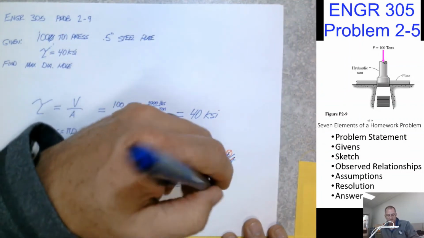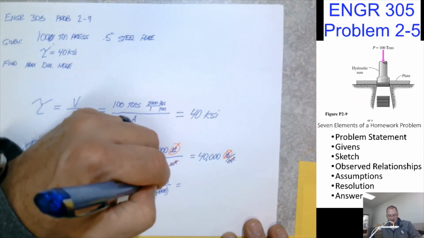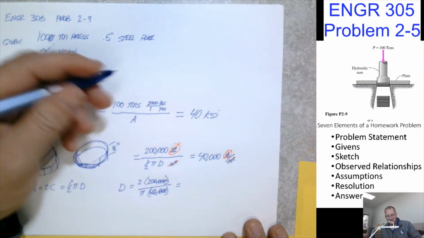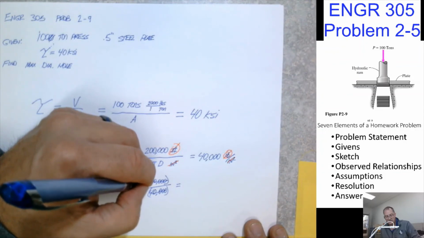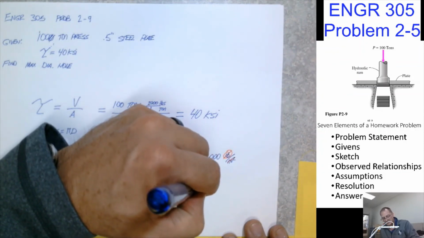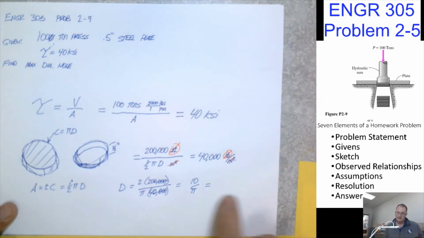I can cross out 4 zeros on either side, and I've got 40 divided by 4, so I've got 10 divided by pi. I try not to pull out my calculator.